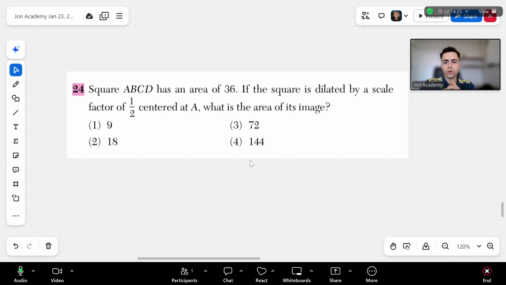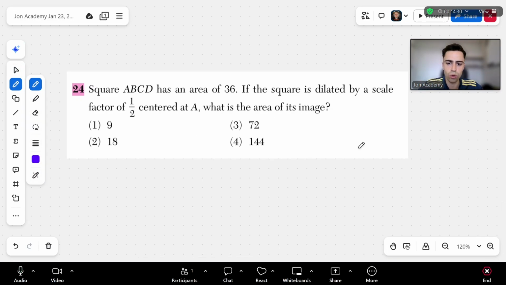Now let's go with number 24. This one is fairly easy. They gave us a square with an area of 36. So we can draw a square just as reference. And they tell us it is dilated by a scale of 1/2. This means each of the sides becomes half. This one has an area of 36 and we are asked the area of the smaller one.